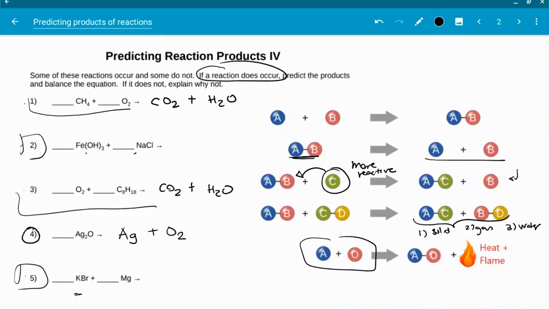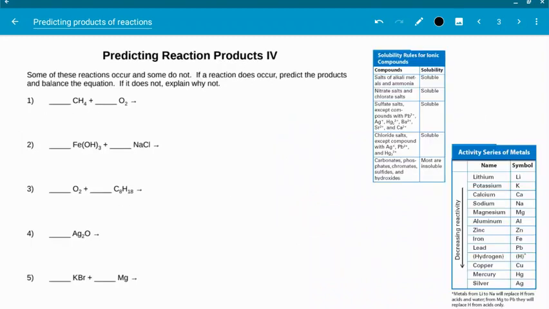Now, how do we know whether one element is more reactive or if they're going to form either one of the 3 choices in double replacement? We're going to use the tables that I mentioned at the beginning, these two. For number 5, for the single replacement reaction, we would need to know if magnesium is more reactive than potassium.